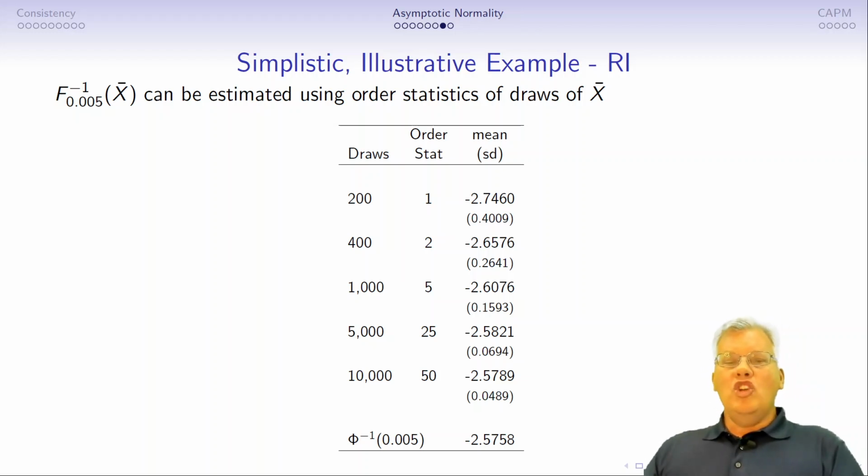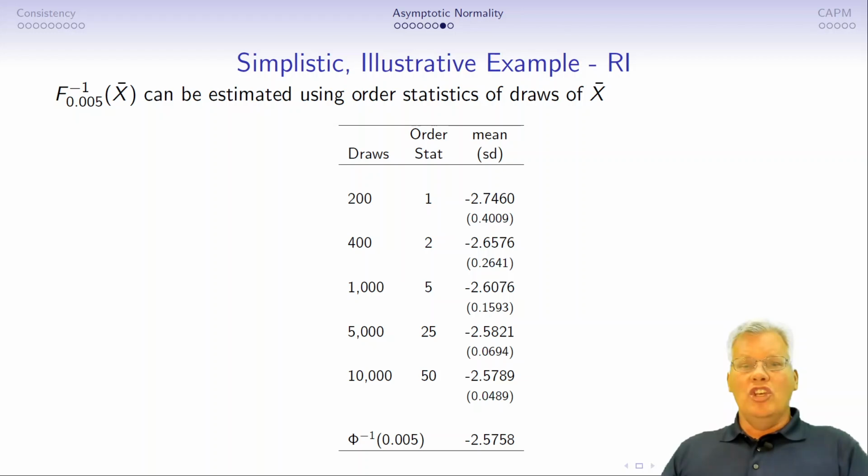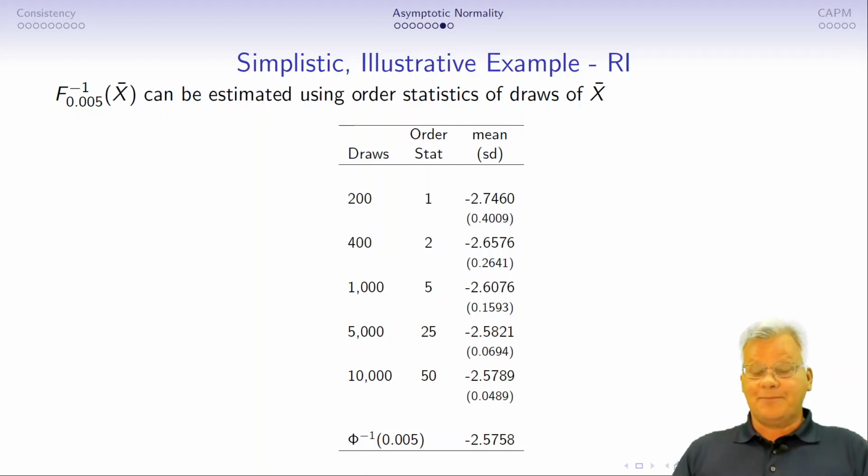So what I could do instead is I could draw 200 samples, right? So I draw a sample of 100 and I compute x bar. I draw another sample of 100 observations, compute x bar, and I repeat that 200 times.